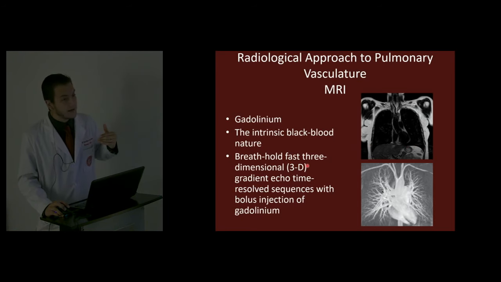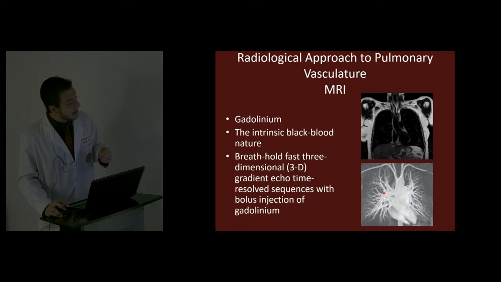So there's been some research into breath-hold fast 3-dimensional gradient echo time-resolved sequences that, plus a bolus of gadolinium, help us get this type of architecture of the pulmonary vasculature.